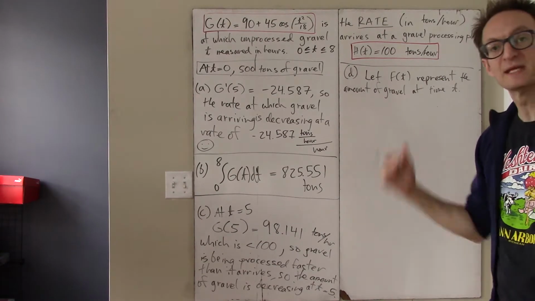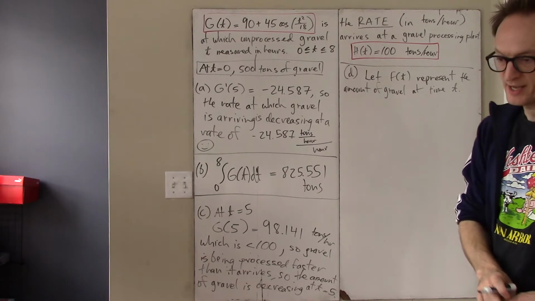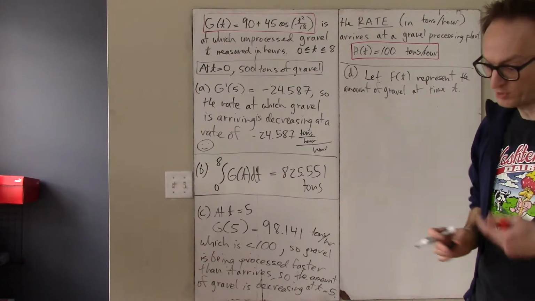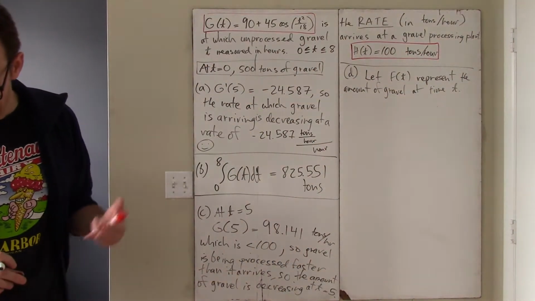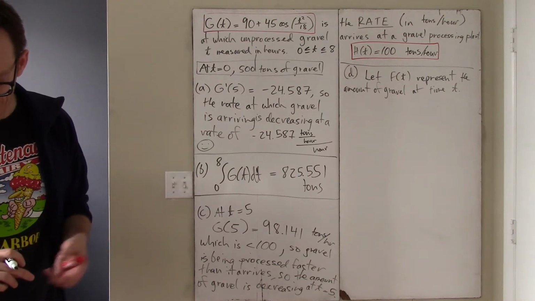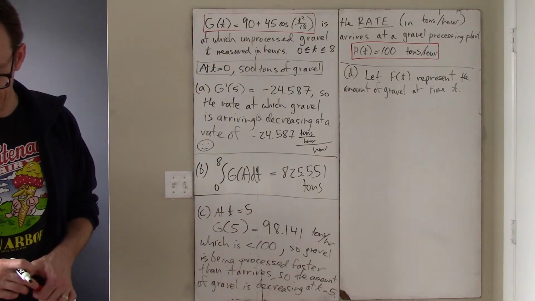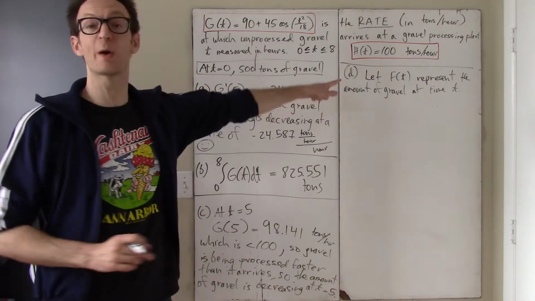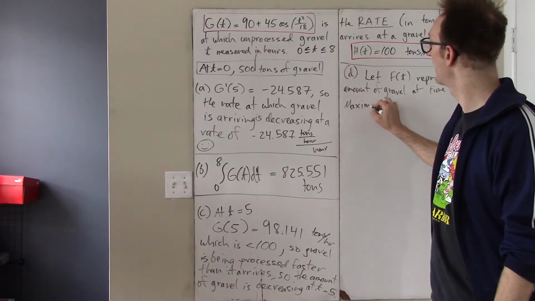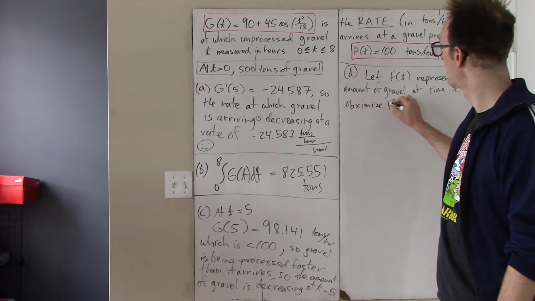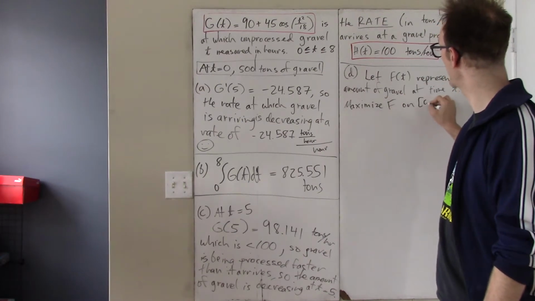Now that I have named this quantity, which represents the amount of gravel, I can recognize that this problem is essentially just saying, when is the amount of gravel maximum? In other words, what we now need to do is maximize f on the interval [0,8].